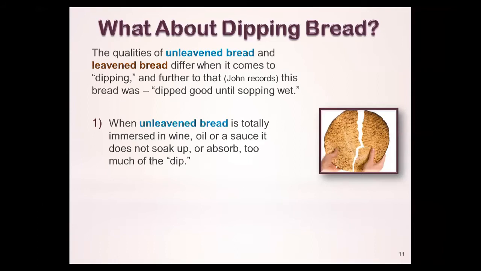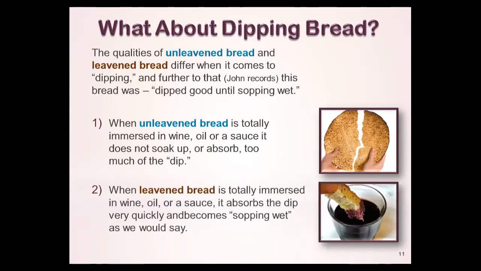It doesn't absorb too well, and it isn't much of a dip. It might just have something dripping off of it. But when you take leavened bread and totally immerse it in wine, oil, or a sauce, it absorbs the dip very quickly and becomes sopping wet, as we would say. It doesn't take very long.